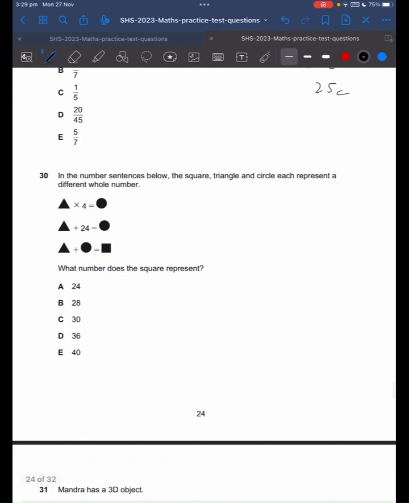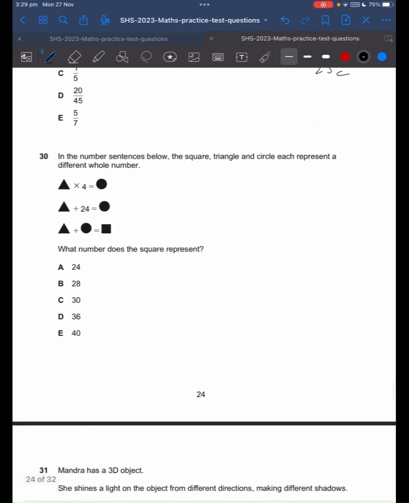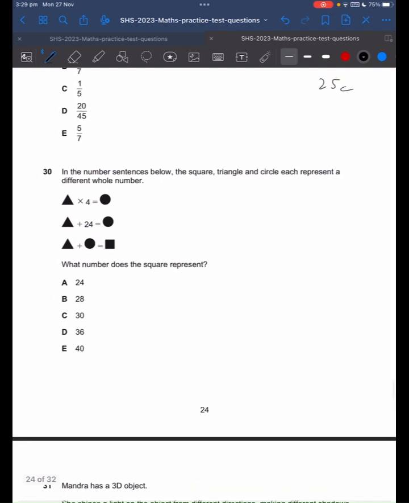Question 30. Now, question 30 is a bit similar to the question previously. For this question, triangle times 4 equals circle, and triangle plus 24 equals circle. So multiply something by 4, and adding 24 gives us the same number.